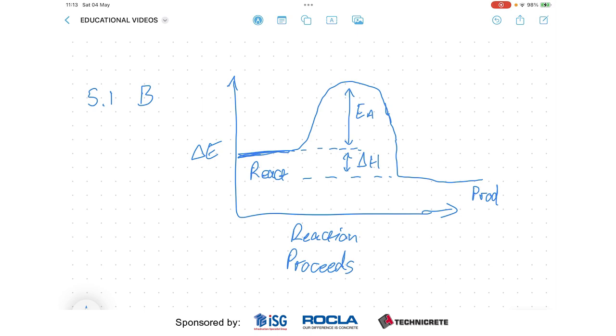We're more worried about the activation energy. So what a catalyst does is it interacts with the reactants to offer an alternative pathway in order to lower the activation energy. So with the catalyst, we would have something like this. What's important is that the start and the end are the same. Just because it provides an alternative pathway, our EA is lowered. It's much smaller with the catalyst.